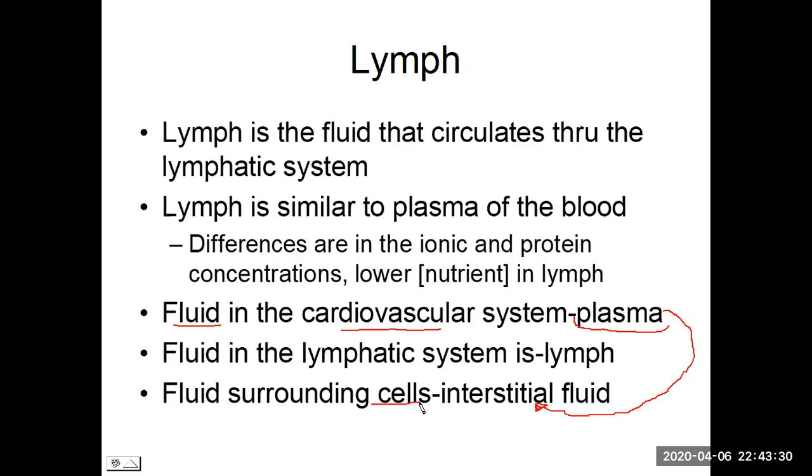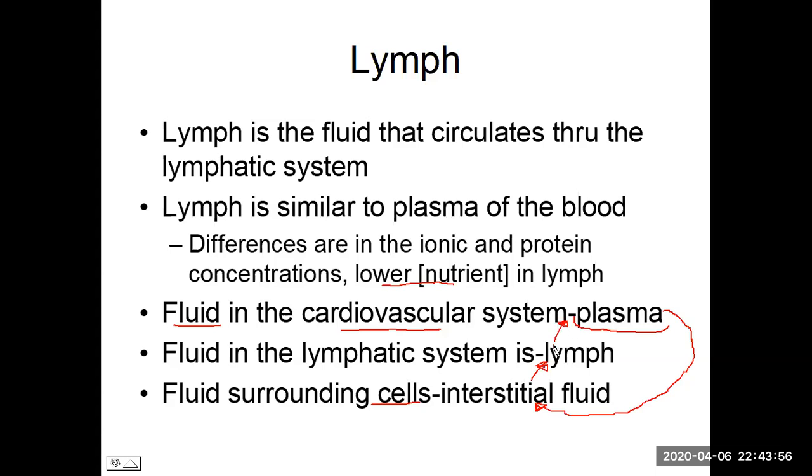The cells are consuming the nutrients, consuming the oxygen. And now the majority of this interstitial fluid gets pulled into the lymphatic system, gets absorbed. And now at this point, the fluid's called lymph, passing through the lymphatic system. And then to complete the cycle, this lymph is going to pour back into our cardiovascular system.